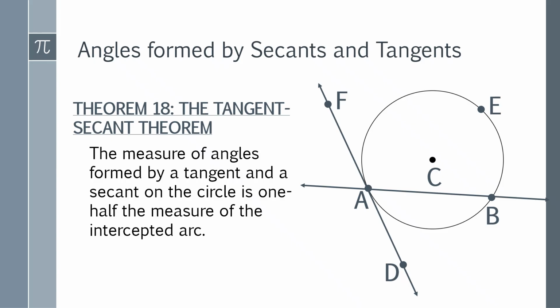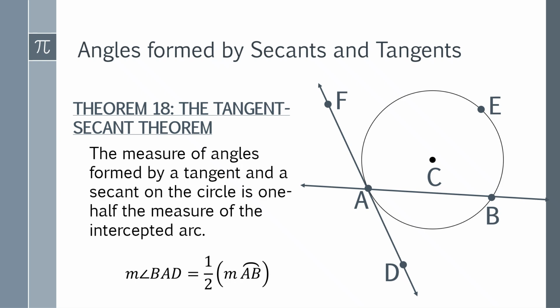So, based from the theorem that you've seen today, there is a formula that you need to remember. The first one here is angle BAD. The formula for this theorem for this angle BAD is actually equal to half of the measure of the intercepted arc AB.